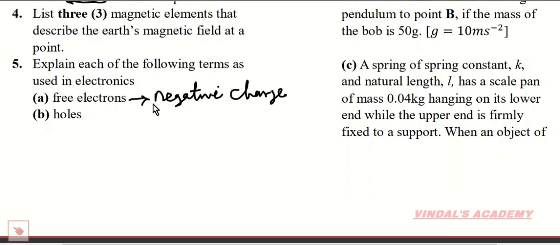That means when there are more electrons which are free to move, we say that they are called free electrons. I need to state it the way WIEC would like to say it. So free electrons are negative charge carriers in electronics. That is the way it should be.